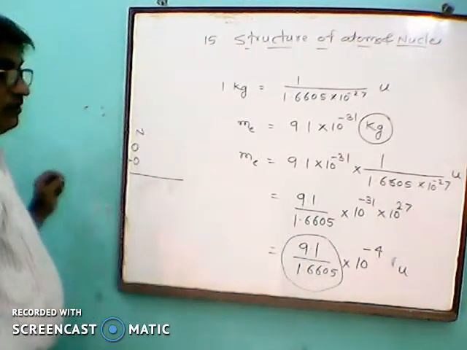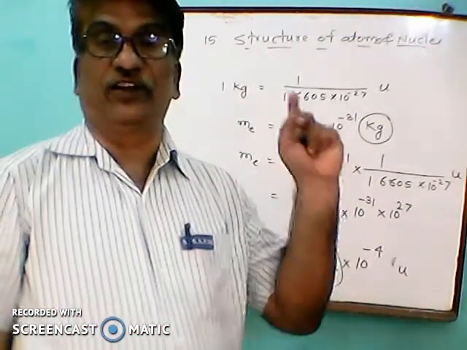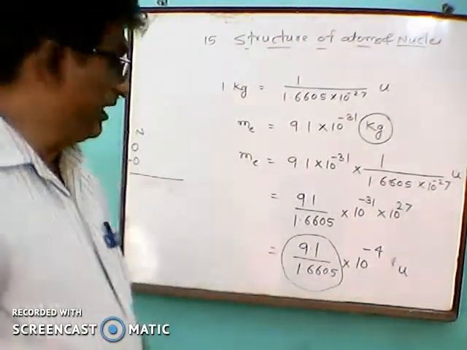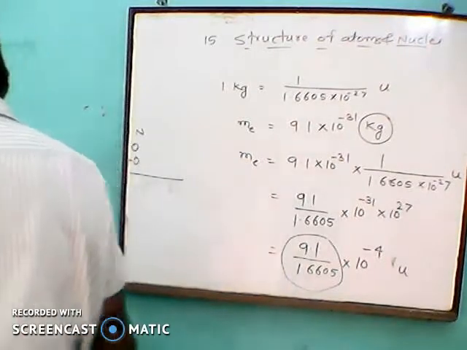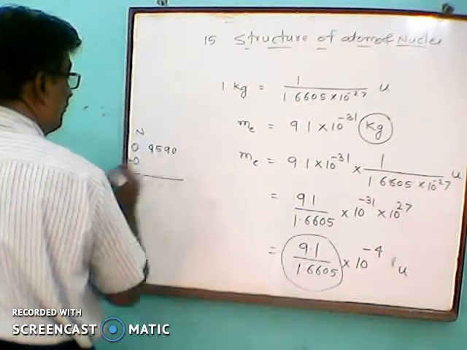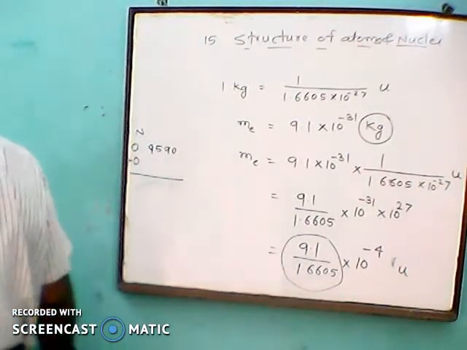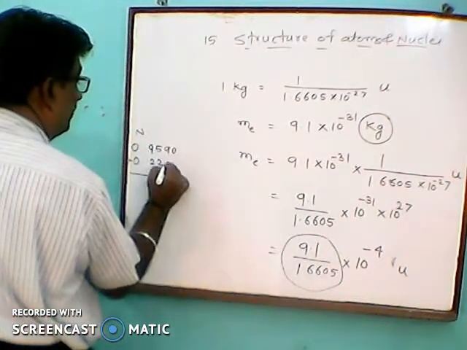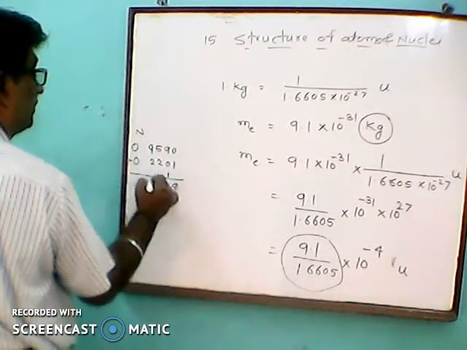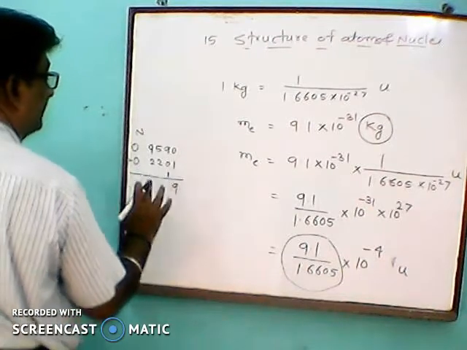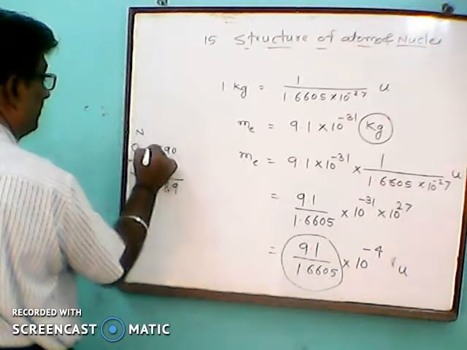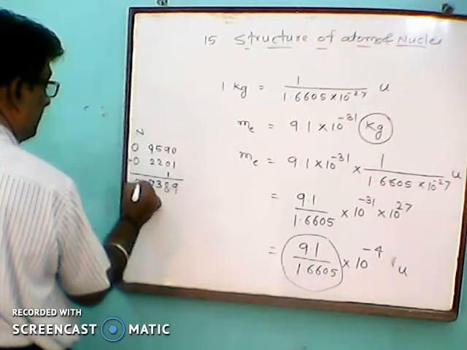So we subtract the denominator's logarithm from the numerator's. The logarithm of 91 is 9590, and 16 into 6 has the value 2201. Subtracting, 9 is remaining, 8 is remaining, 3 is remaining, 7 is remaining, and 0 point.